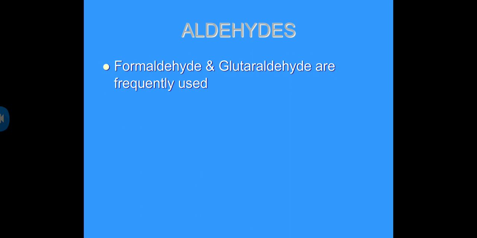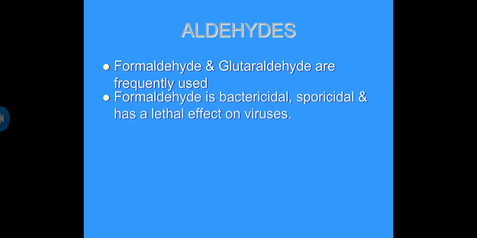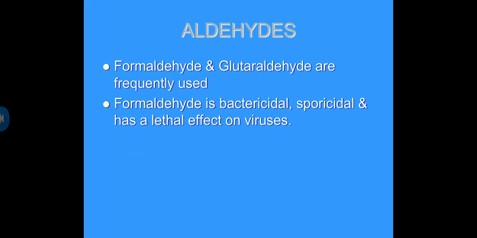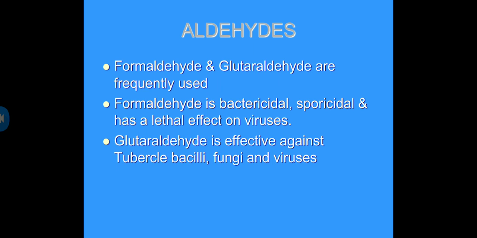Next one is the aldehydes. Formaldehyde and glutaraldehyde are frequently used. Formaldehyde is bactericidal, sporocidal and has a lethal effect on viruses. Glutaraldehyde is effective against tubercle bacilli, fungi and viruses.